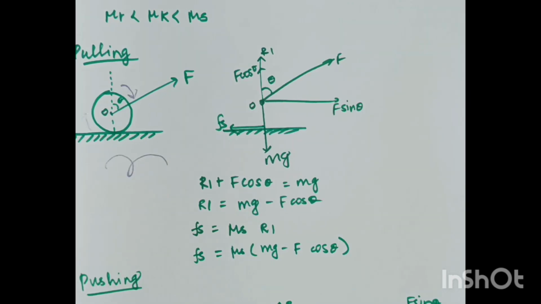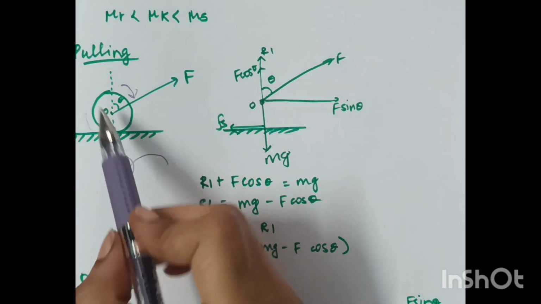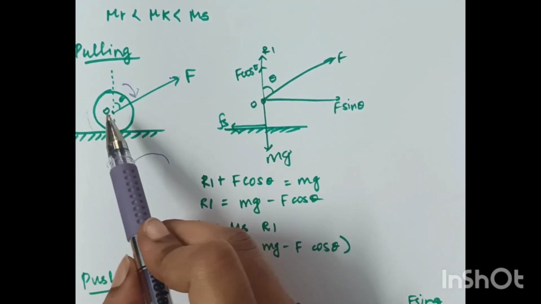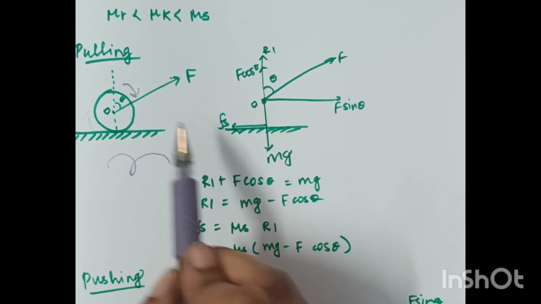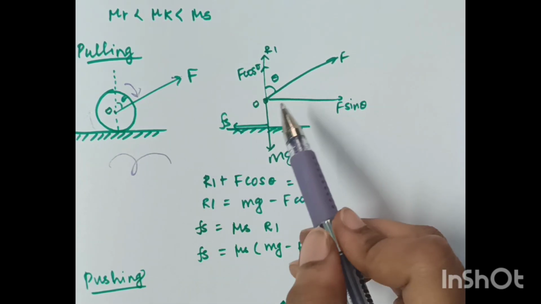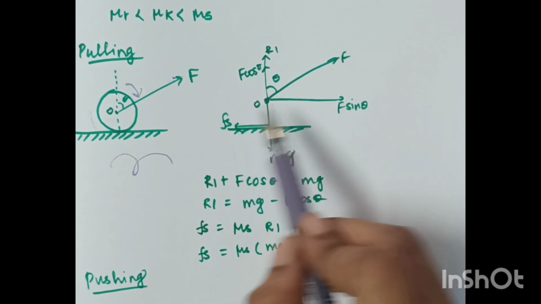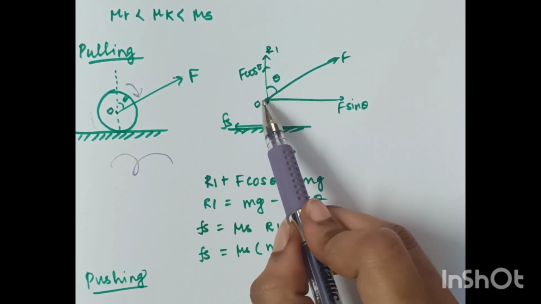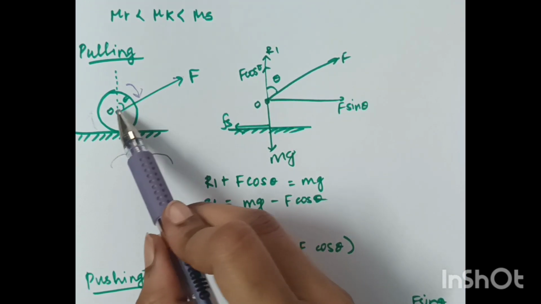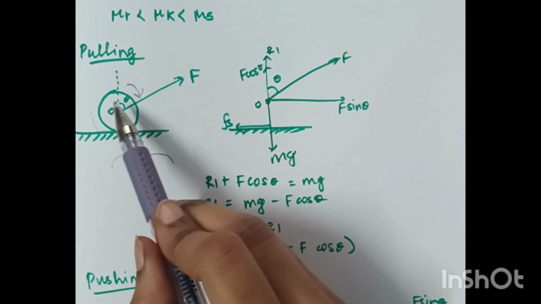Now let us see about pulling. Here we have an object, and we are going to pull that object with a force F so that this body starts moving. Let us see how the frictional force works. We are drawing the free body diagram. This is the force F, and the angle made by the force F with the vertical is theta.